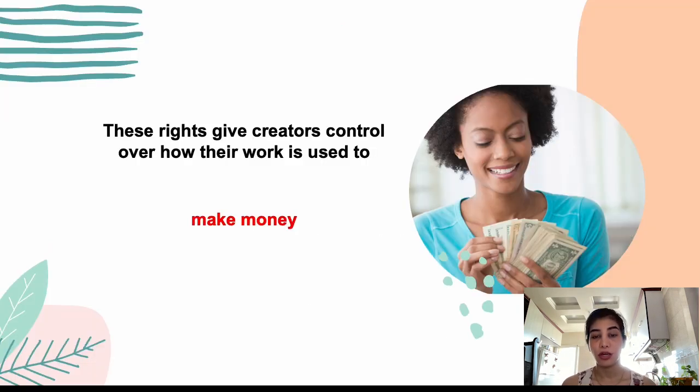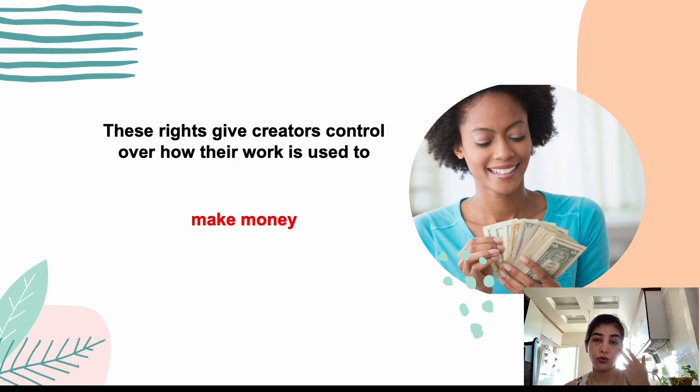What are economic rights? Economic rights are the rights that give creators control over how their work is used to make money. Actually, these rights give you control over your property to earn money from that property.